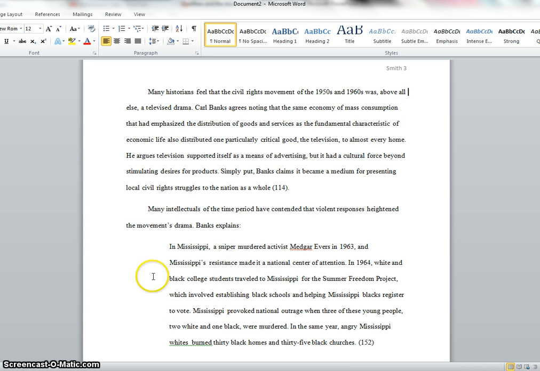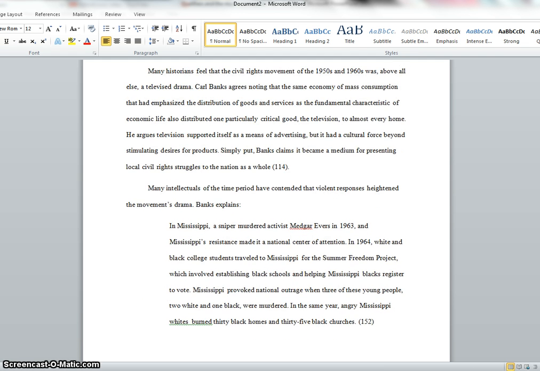One thing you'll notice right away is that on the left side the entire quote is indented 10 spaces from the left margin. You'll also notice there are no quotation marks. Quotation marks are not needed for a long quote because of the indentation. When a reader sees the indentation in our papers, then they'll know, hey, this is a long quote, so they don't need the quotation marks.